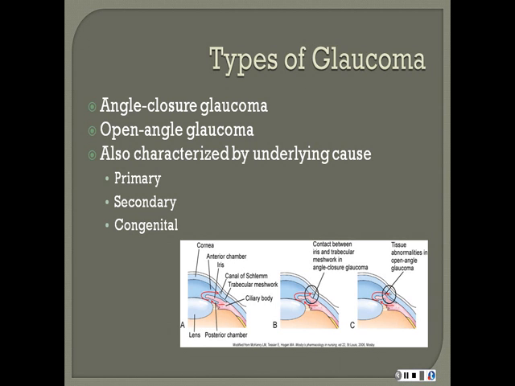And when the aqueous humor can't drain, that causes a change in the amount of fluid in the eye, and therefore increased intraocular pressure. Then angle closure glaucoma is caused by a narrowed anatomic angle between the lens and the cornea, and this prevents the fluid from exiting the eye through the canal of Schlemm, which again causes increased intraocular pressure.